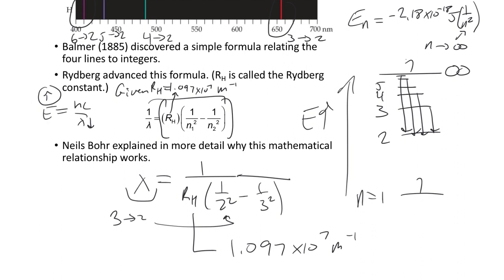So let's do that math real quick. I take 1 divided by, and then parentheses of 1.097 E7, and then another parentheses, 1 divided by 2 squared, minus 1 divided by 3 squared.